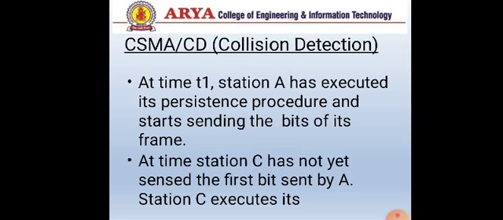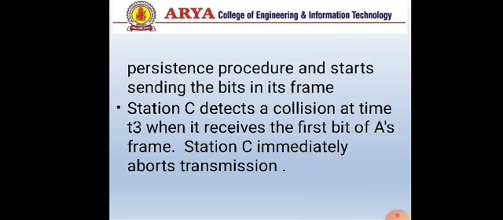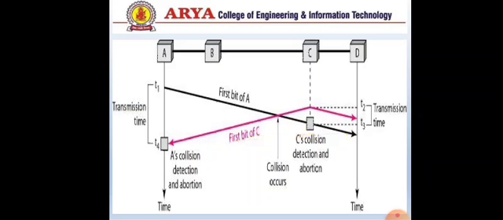At time t2 station C has not yet sensed the first bit sent by A, so it executes its persistence procedure and starts sending the bits of its frame. Station C detects a collision at time t3 when it receives the first bit of A's frame, and station C immediately aborts its transmission.